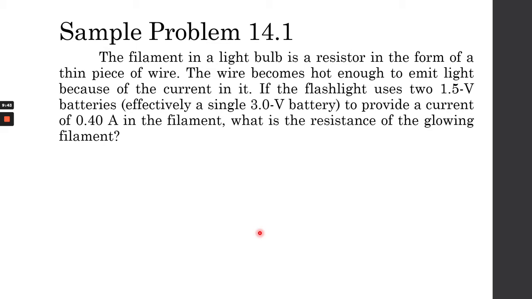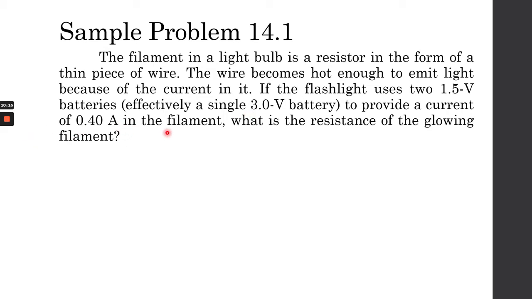If the flashlight uses two 1.5 volts batteries, effectively a single 3 volts battery, to provide a current of 0.40 ampere in the filament, what is the resistance of the glowing filament? So, ang tanong niya is, ano yung resistance ng filament na to if we want a 3.0 volts battery to provide a 0.4 ampere of current.